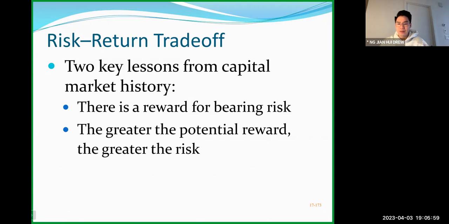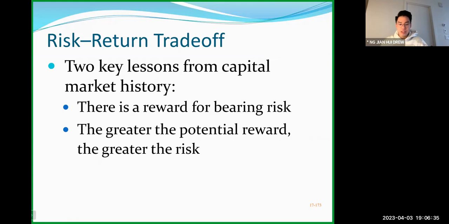We cannot just think of the returns component. We need to understand the risk component. A science student or an arts major might know about stock returns, but most of the time they focus simply on the returns rather than the risk. As a business student, the important differentiation is that when you talk about returns, you should also talk about risk.